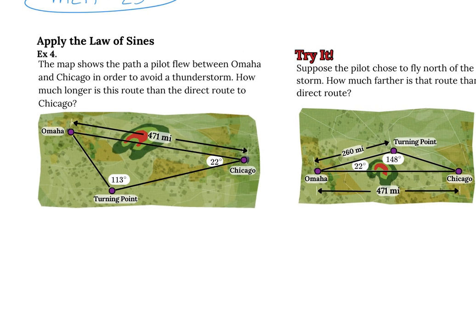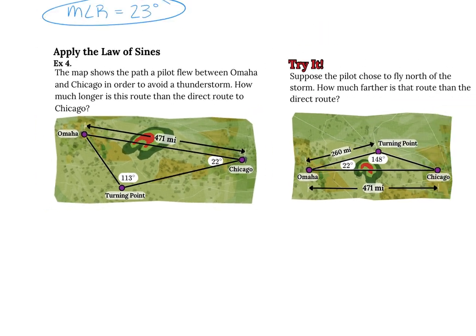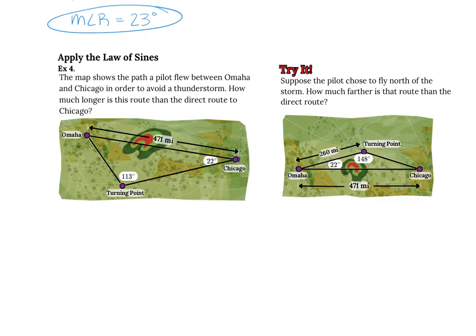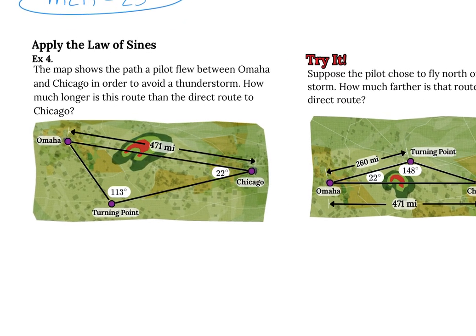Okay, looking at example 4, we have a map that the flight crew used between Omaha and Chicago. They ran into a thunderstorm and they had to reroute. How much longer is this route than their direct route to Chicago?